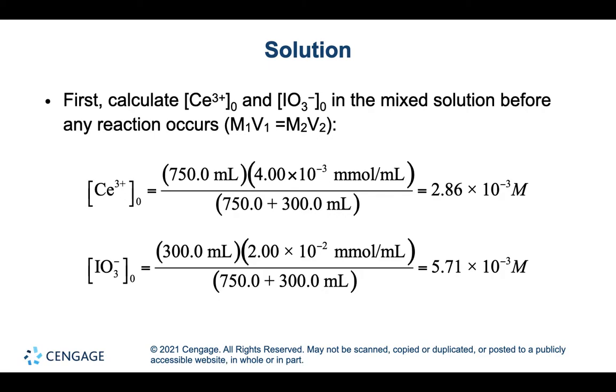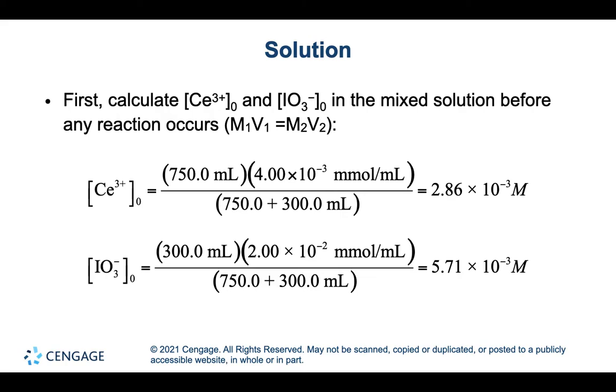So 750 milliliters times 4 times 10 to the minus 3, that's M1 times V1 for the cerium plus 3, divided by V2, which is the 750 plus the 300 that you're adding to it from the KIO3 solution. So 750 times 4 times 10 minus 3 divided by 1050 means that after mixing, the cerium plus 3 has a molarity now diluted down to 2.86 times 10 minus 3.